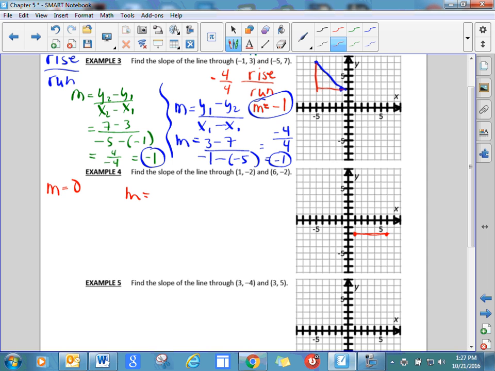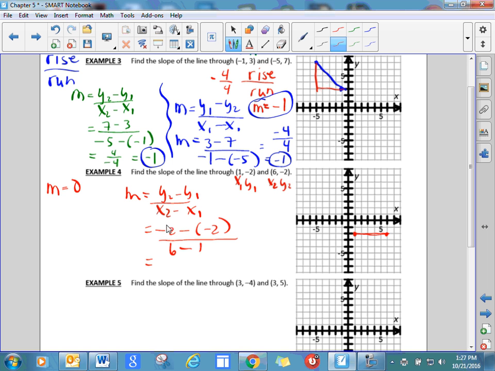So the slope is y2 minus y1 over x2 minus x1. This is my x1, y1, x2, y2. Plugging in my values, I get minus 2, that's y2, minus a minus 2, that's y1, over x2, go back to this one, 6, minus 1.